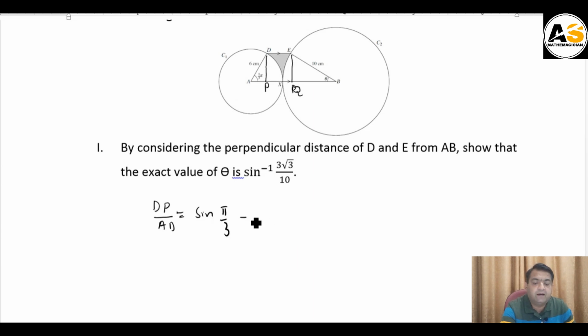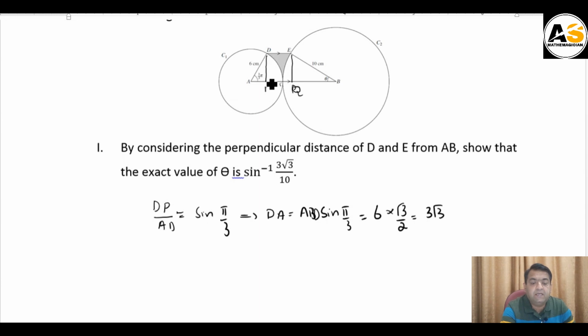So DP is equal to AD into sine pi by 3. We know AD is 6 and sine pi by 3 is root 3 by 2. So this is 3 square root 3.